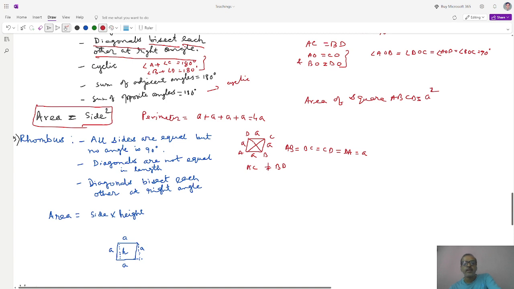Therefore, diagonals bisect each other at right angle. It is an important property of a rhombus. Diagonals bisect each other at right angle.